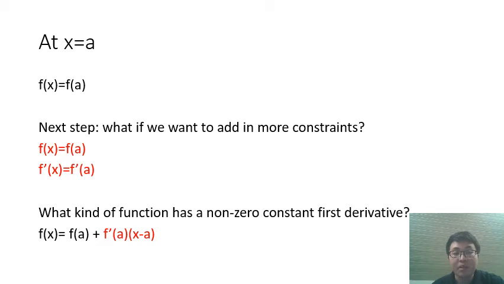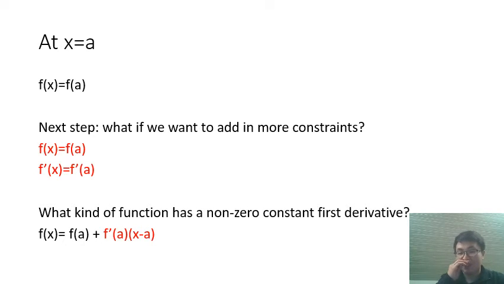We also want our approximation to simulate how this function changes in function value at x equals a. So it needs to have the same slope in addition to the same function value. So we're adding a second constraint, namely f prime of x, the first derivative, is f prime of a, the first derivative of f(x) with a plugged in for x.